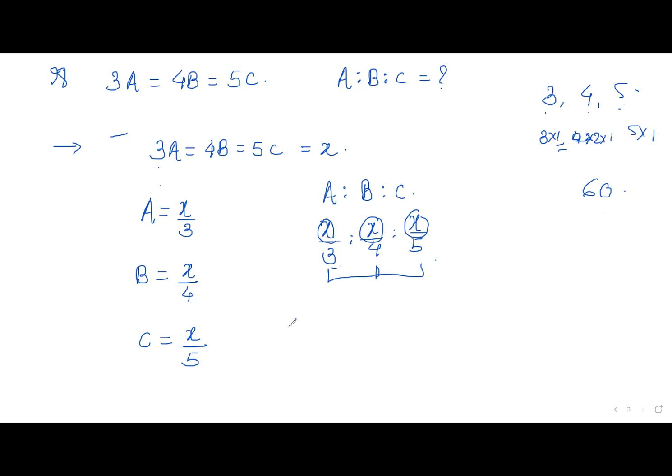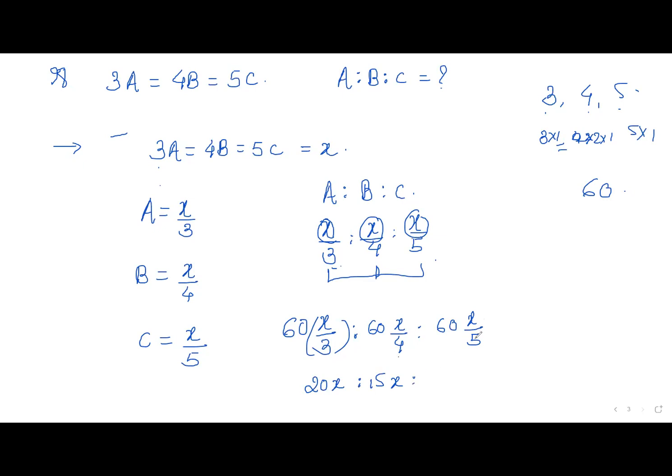Then we multiply 60 with all the terms. So 60 into X by 3 is to 60 into X by 4 is to 60 into X by 5. 60 divided by 3 is 20. 60 by 4 is 15.